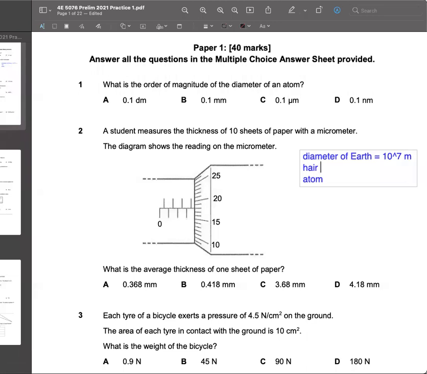Hair: 10 to the power of minus... Come guys, type into the chat box. Minus 4 meters. Then atom is 10 to the power of minus 10.